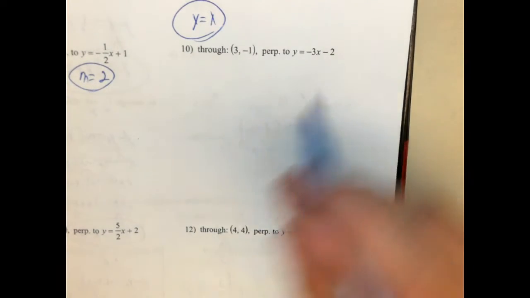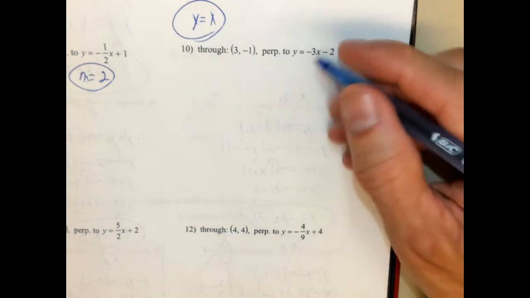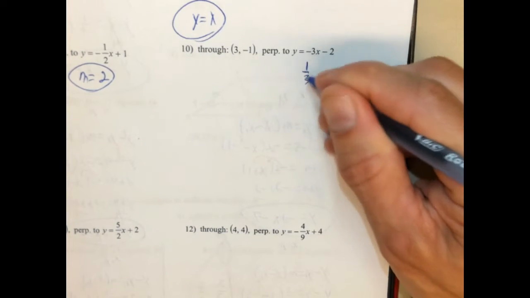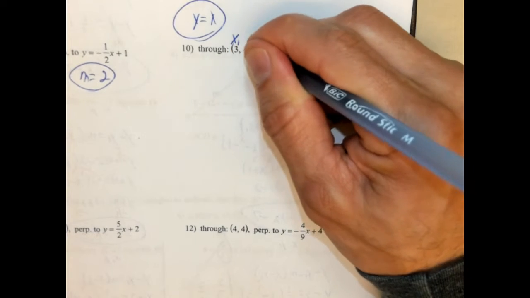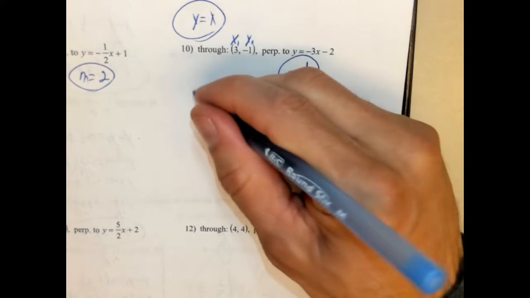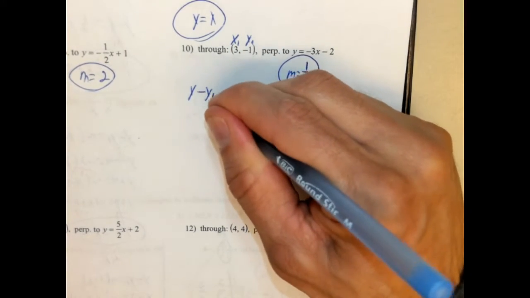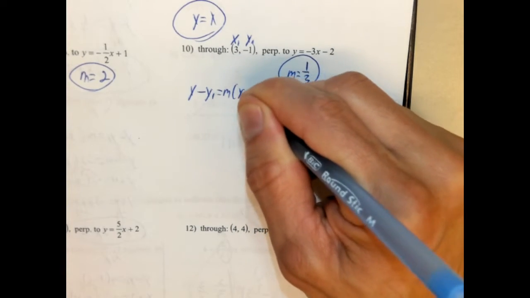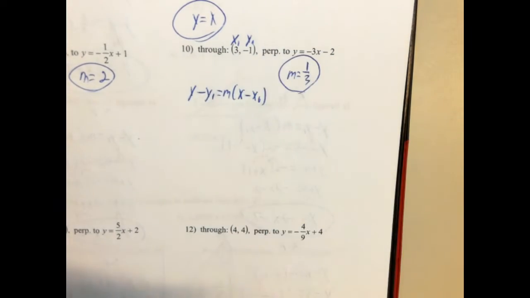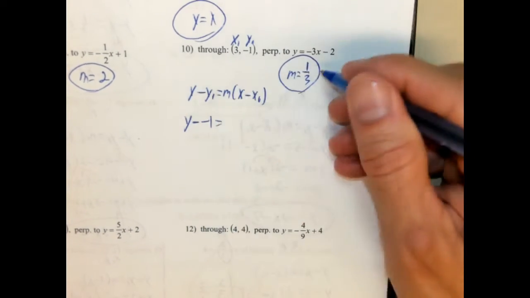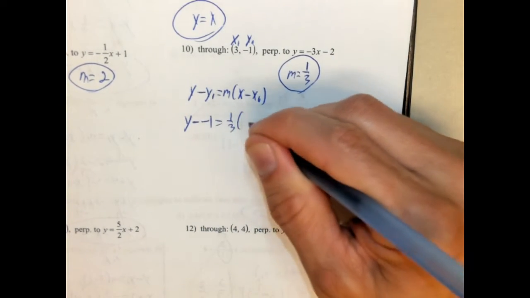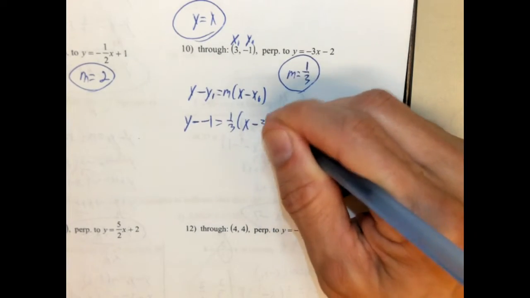Okay, perpendicular to negative 3, so 3 over 1 becomes 1 over 3, and negative becomes positive, so m becomes 1/3. Our x1 and y1. So y minus y1 equals m parentheses x minus x1. y minus negative 1 equals m is 1/3, and x minus 3.